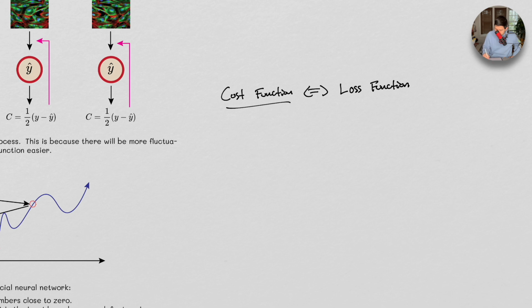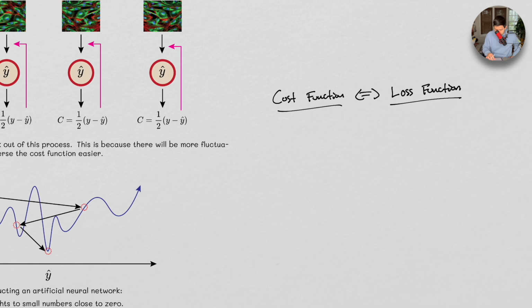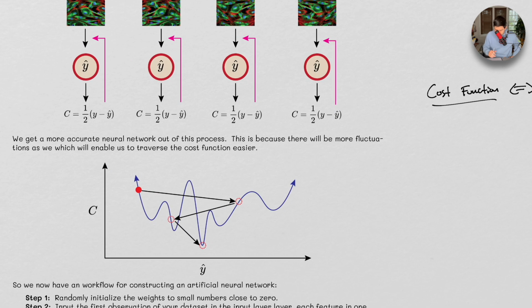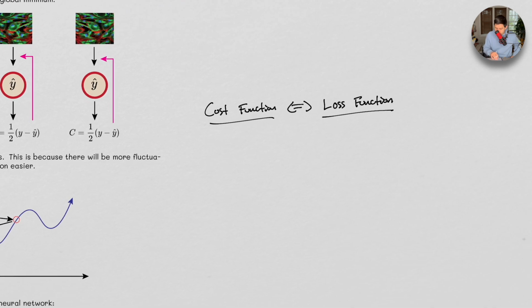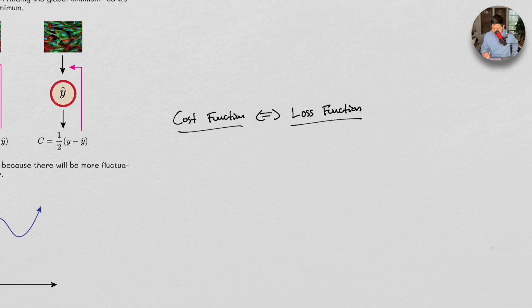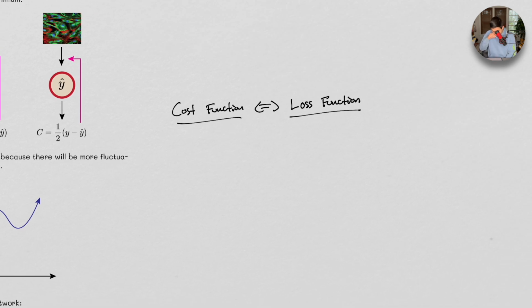The cost function and the loss function just tell us the difference between our predicted data and the actual data. So this is going to be part 1 of our agenda, to generalize this and understand a loss function.